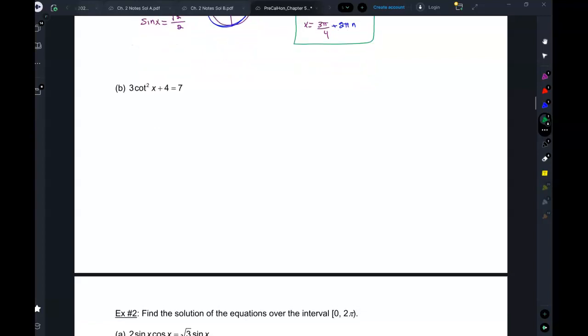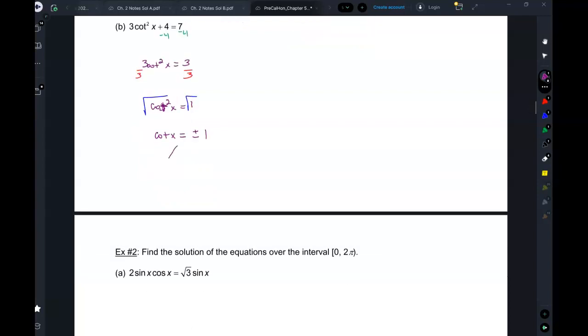So take a look at this one. Minus 4, minus 4. 3 cotangent squared x is equal to 3. Divide by 3, divide by 3. Now I have cotangent squared x is equal to 1. Now, that's cotangent squared. So I want to take a square root, and I get that cotangent x is plus or minus 1. Don't forget the plus or minus.